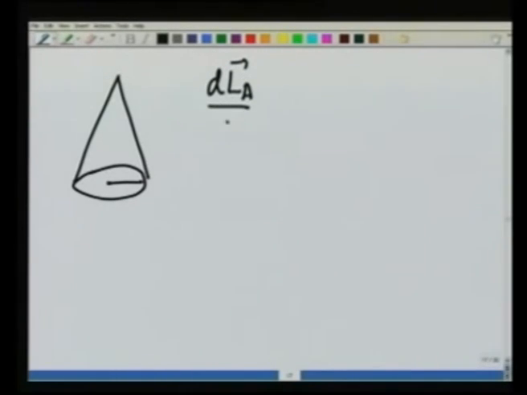So, what we have learned is, if I take L about point A, I get dL_A/dt equal to 0, and this also must be equal to torque about point A. This is the tension.